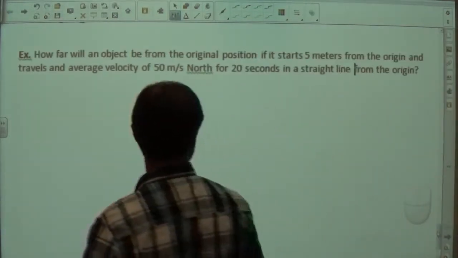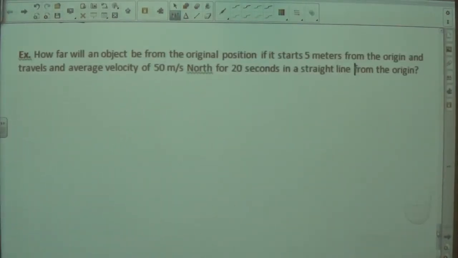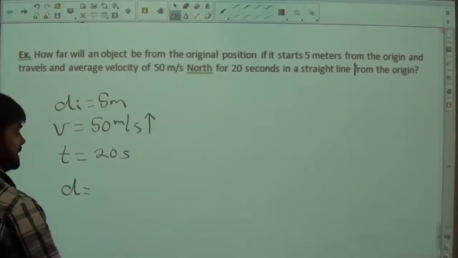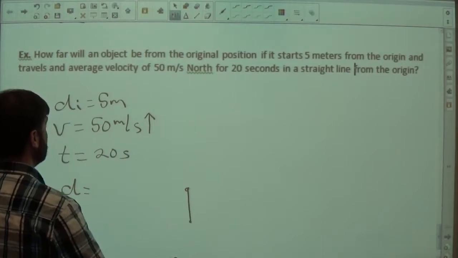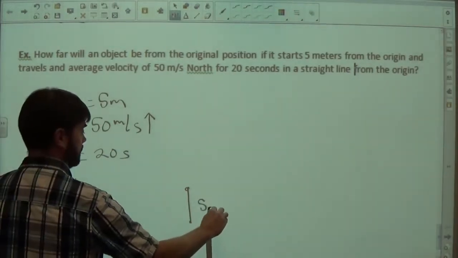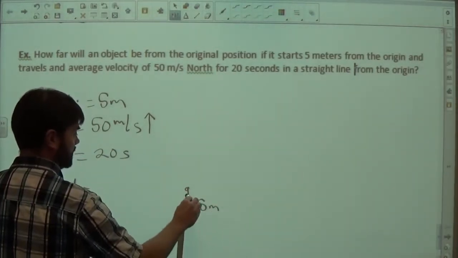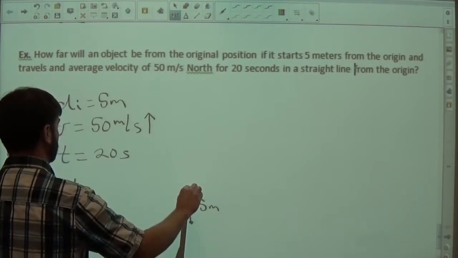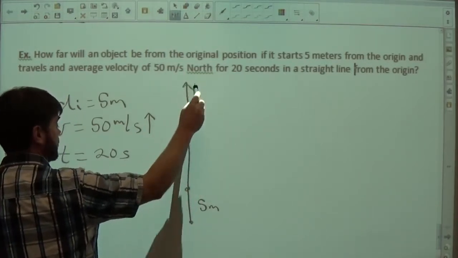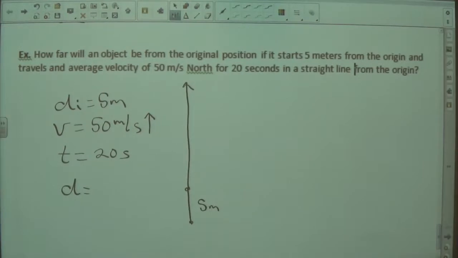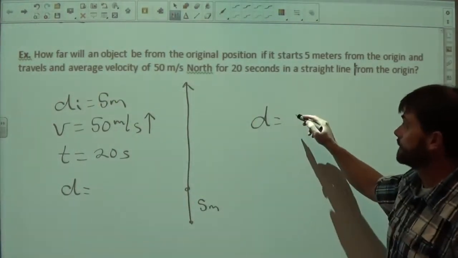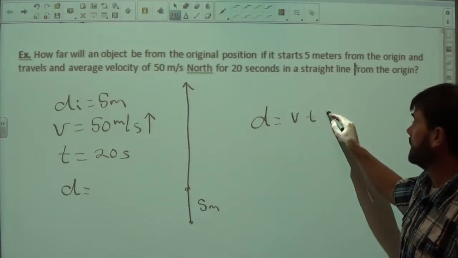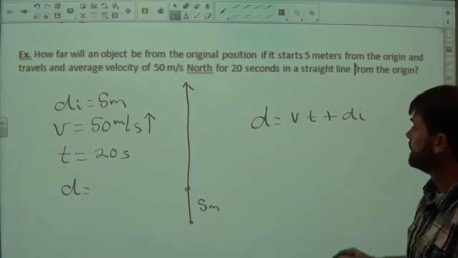Or where will an object be from its original position? Assuming that they are traveling north the whole time, it started 5 meters from what we're considering the origin to be, and then they're going to go 50 meters per second for a total of 20 seconds and continue to go north. So we want to figure out what that total distance is. You're going to have velocity multiplied by time plus the original distance.